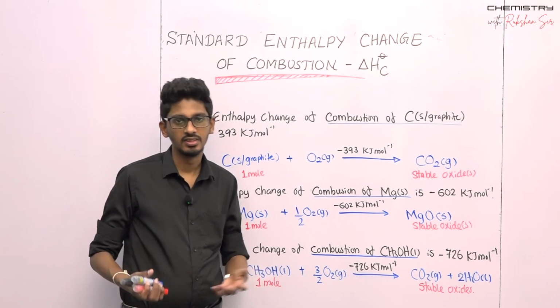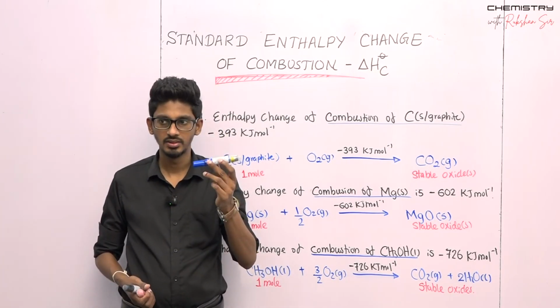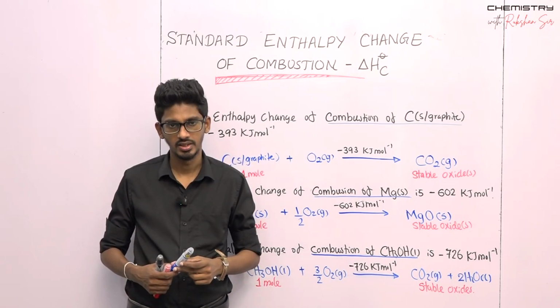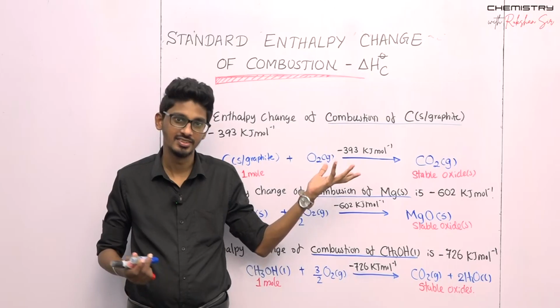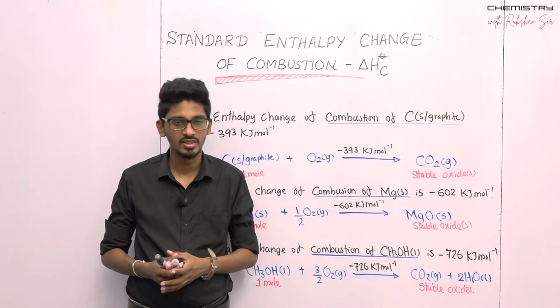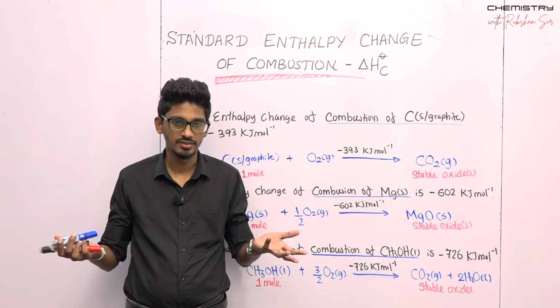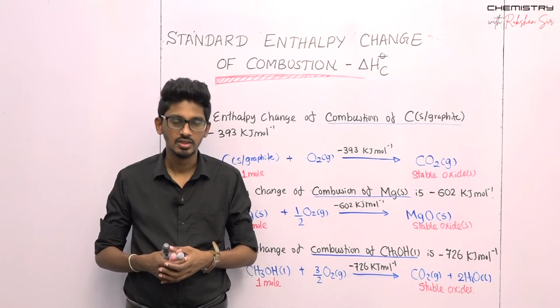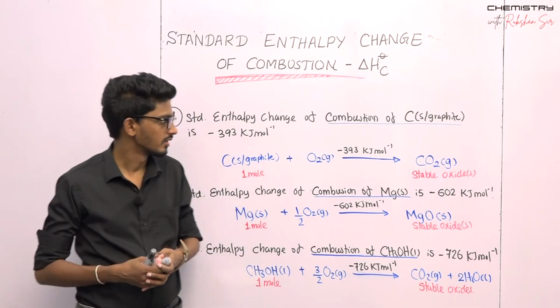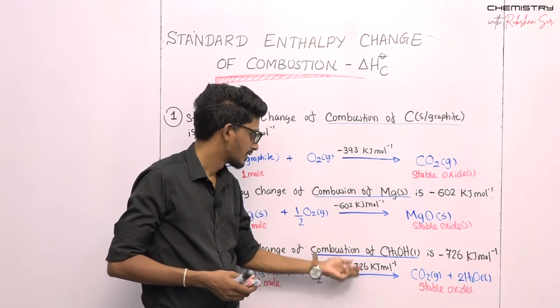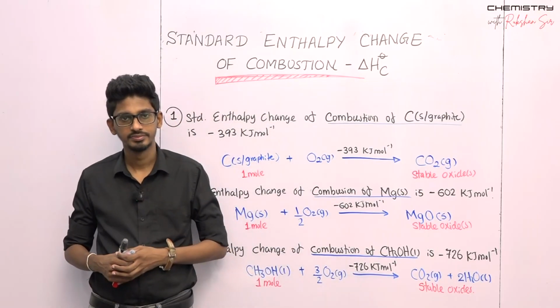If you combust anything, if you combust this marker pen, it is an exothermic reaction. If you combust this board, yes, it's an exothermic reaction. Combustion of anything is referred to as an exothermic reaction, right? The enthalpy changes always come up with minus values, right?